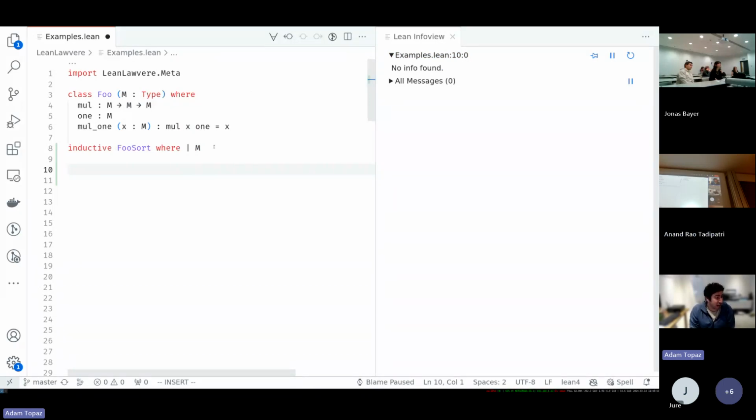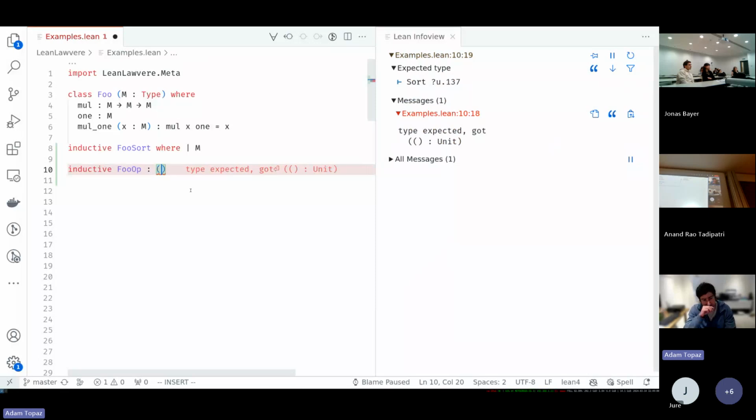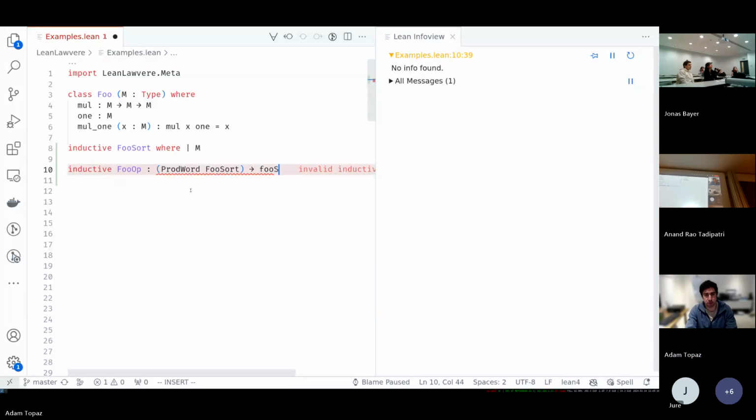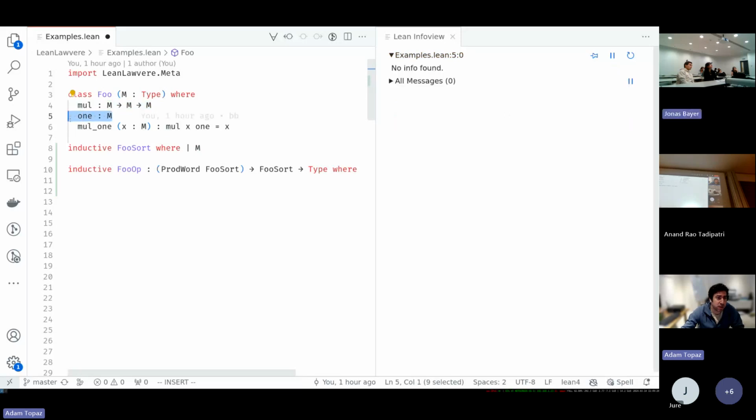Now I need to construct the type of operations, which again is going to be an inductive type. Its type is going to be prod word foo sort to type, and it's going to have two constructors, one corresponding to multiplication, one corresponding to 1.